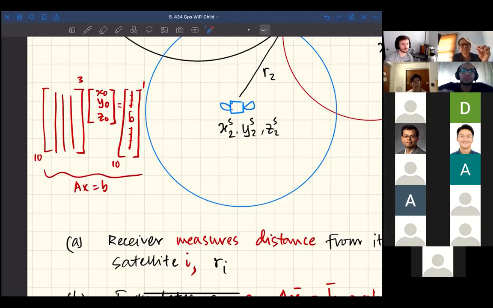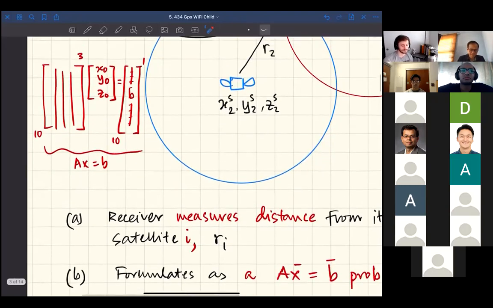A 10-dimensional vector in 10-dimensional space, right? There's a 3-dimensional vector. Oh, no solutions. Why? There's no way you could reach 10 dimensions with a 3-dimensional vector, right? Wait, why? This is going to be x0 times a1 plus y0 times a2, where this is a1, this is a2, this is a3, plus z0 times a3.